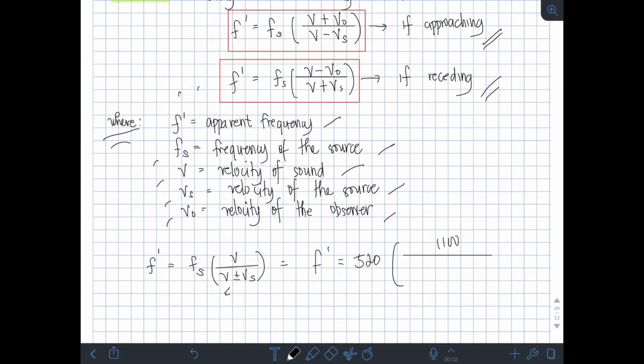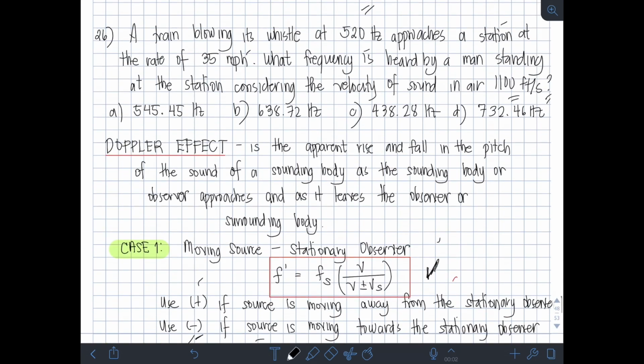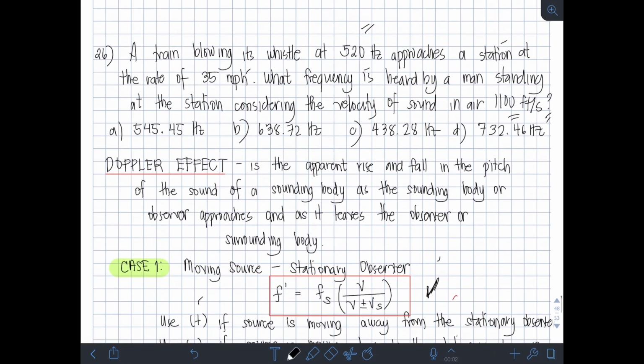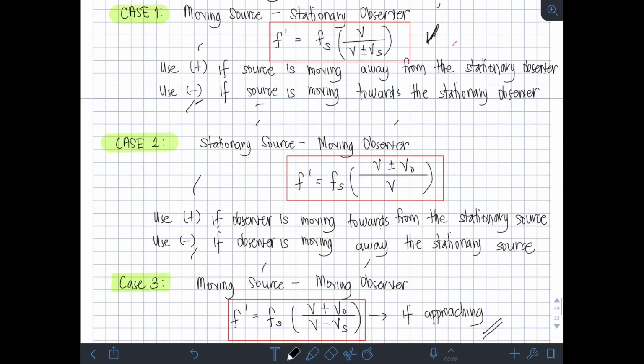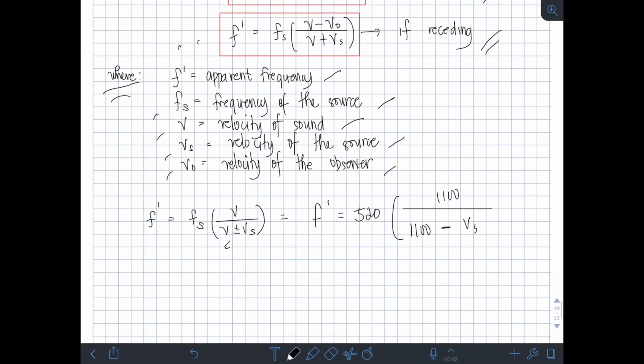Then, V ulit. So, 1,100. Then, dahil nga moving towards yung source observer, gamitin natin yung minus. Then, yung Vs natin. So, ito yung velocity ng ating source, right? 35 miles per hour.